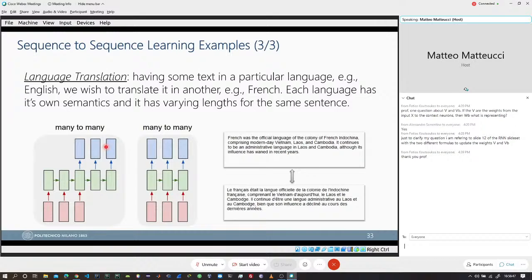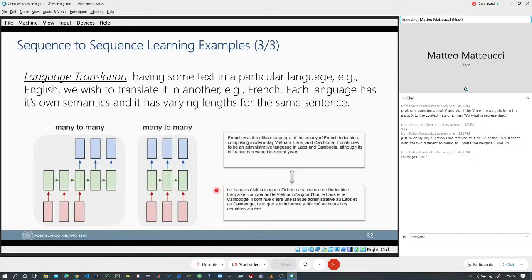That's an example of sequence-to-sequence translation. And conceptually, what you could think here is to have an embedding of the input sequence, and then a generation of the output sequence based on that initial embedding. So that's the idea of sequence to sequence: you first encode the input and then you start to generate the output.